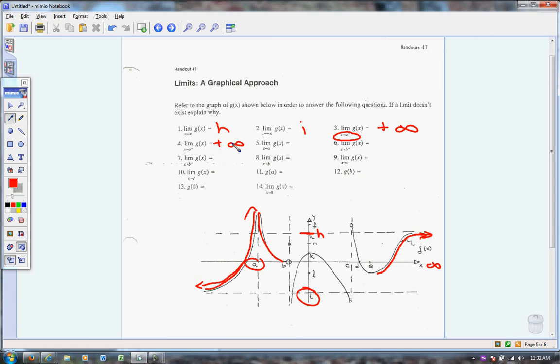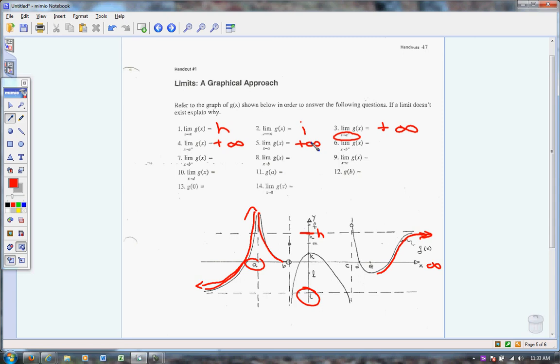Right? Now, how about when we just approach A? What do we say? We would say that it does approach positive infinity, but technically the limit does not exist. Would you agree? Because we don't know what that single value L is.